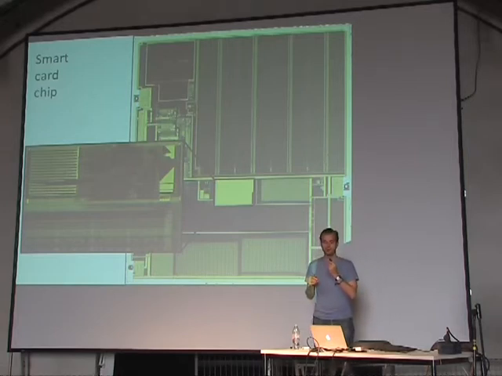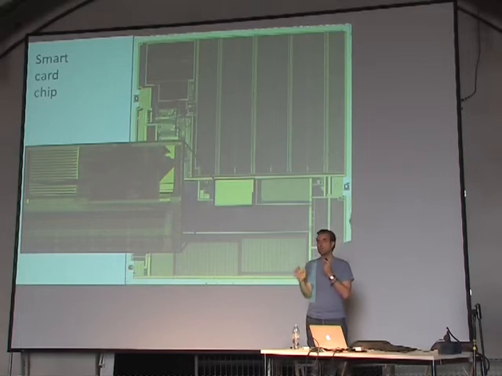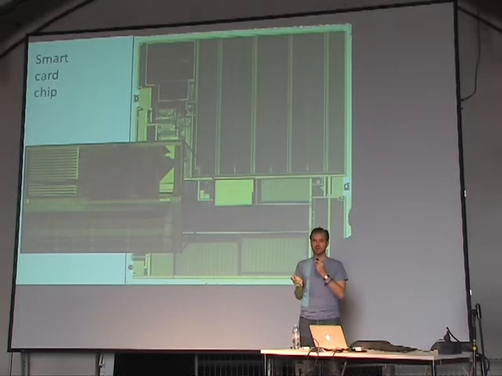The absolute new smart card chips that are just now coming out are manufactured in 90 nanometer feature size, where, of course, NVIDIA, Intel, those companies are at 32 nanometers for the next generation. So there's like five generations ahead of smart card chips. But I guess that goes back to the volumes they are pushing.